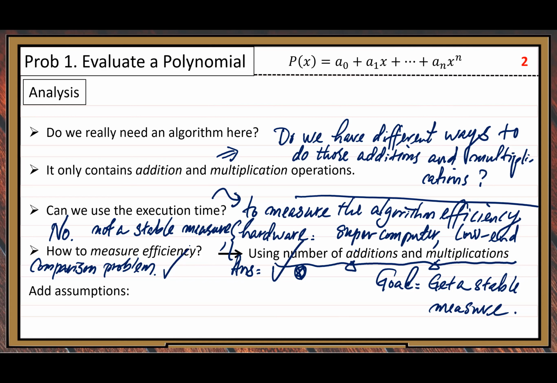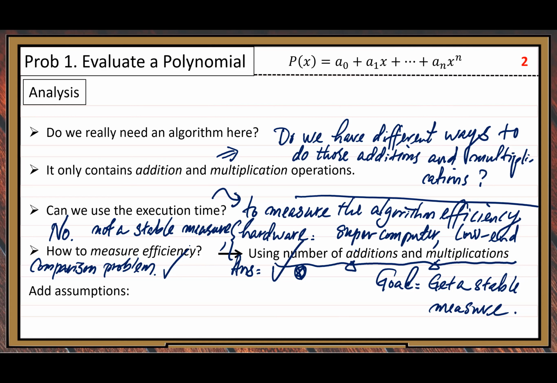We need to do comparisons between additions and multiplications. We cannot avoid that, because finally we have to tell the algorithm efficiency measure as a certain number.